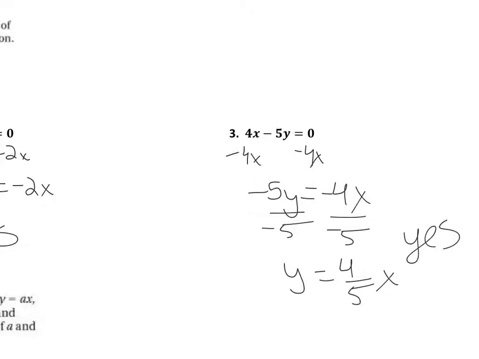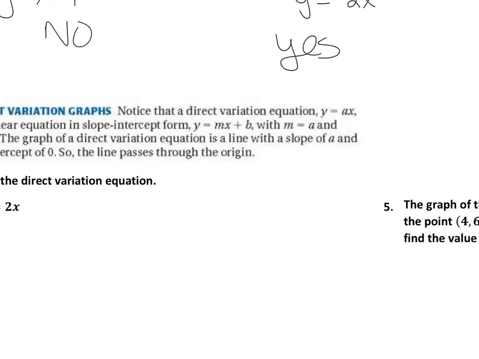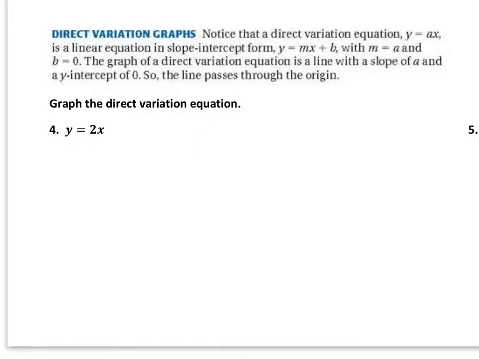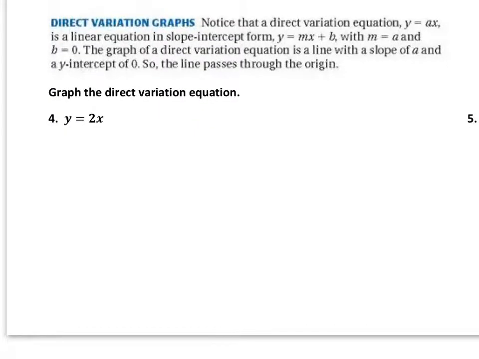Let's take a look at some more. It says direct variation graph, so graph the direct variation equation. First thing we need to do, we need to draw a little graph.